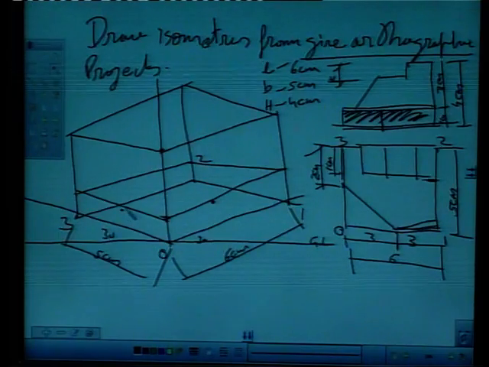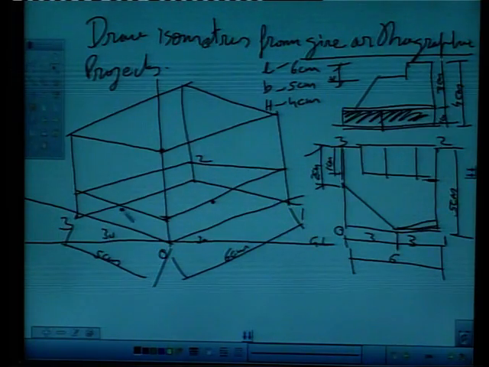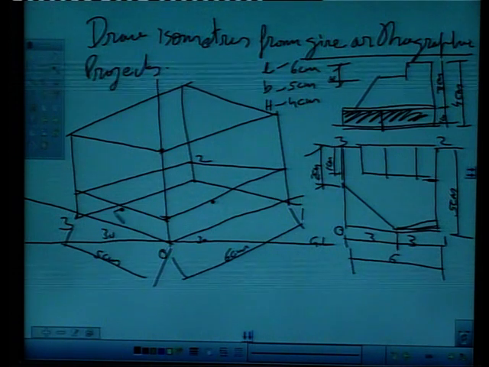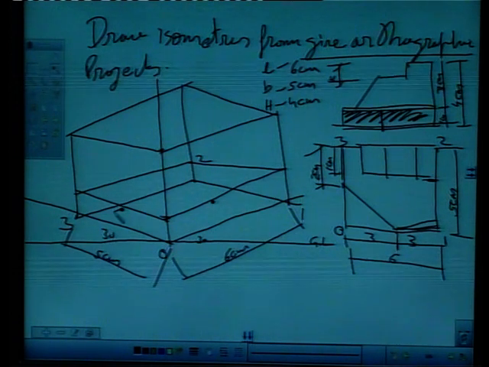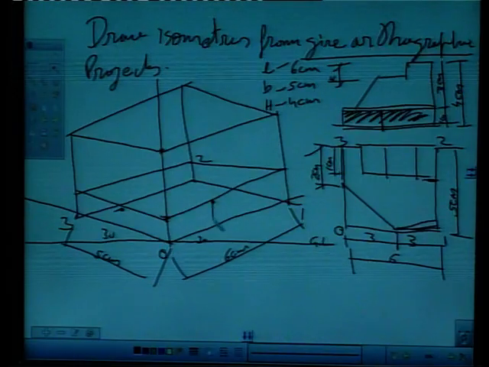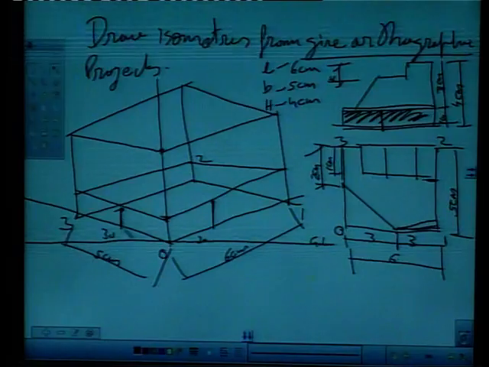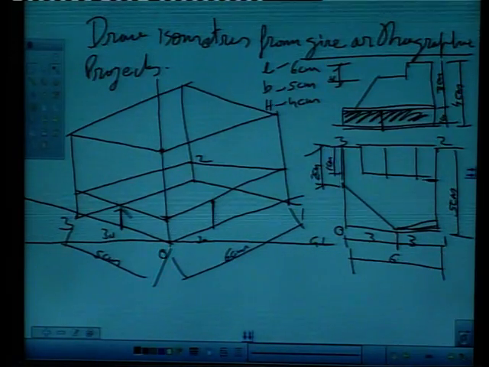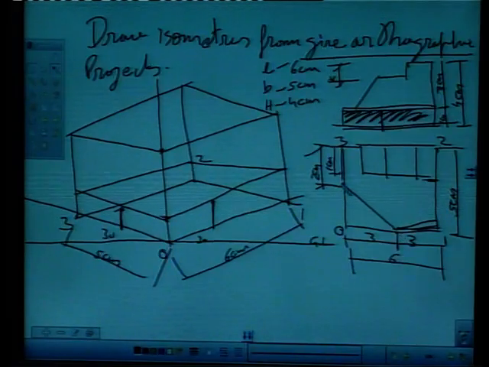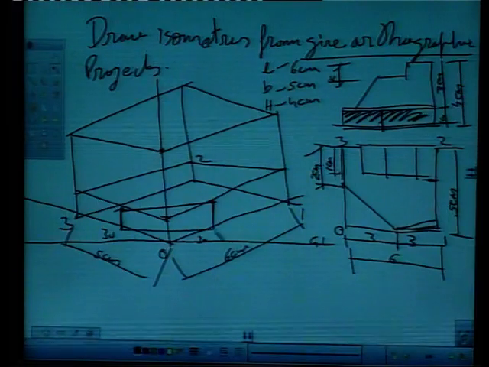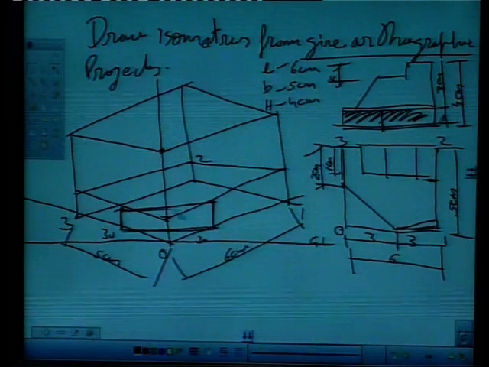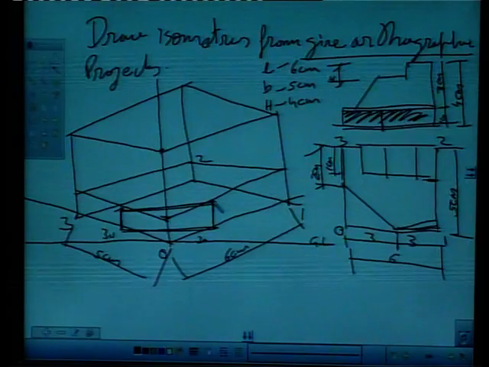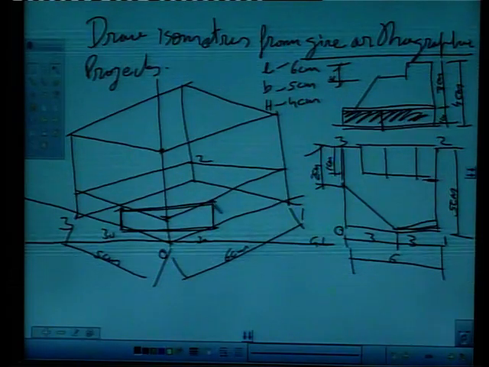So this distance is also 3, right. As per rules of the isometrics, vertical lines remain vertical. We can draw vertical lines like this. Now we get point this and this. Now we have to simply join this like this freely with scale, right? So we get a chamfered edge box, right?